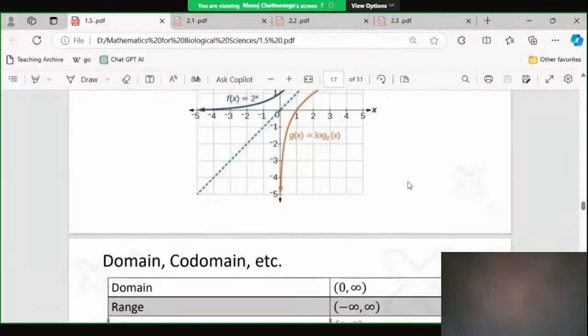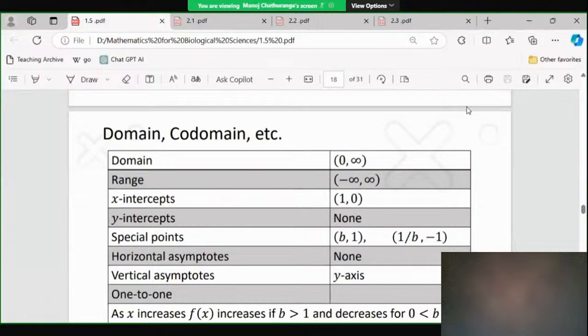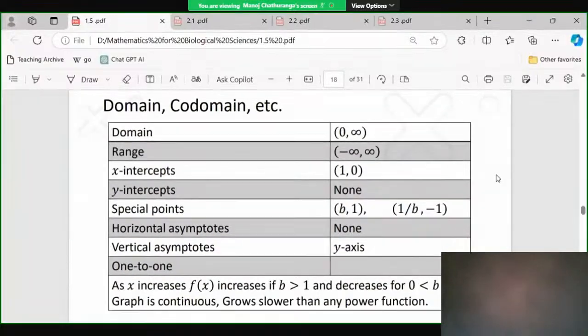All right. Now let's talk about properties of log functions. So, logarithms as functions. We already know the domain and range for exponential functions. For inverse functions, we switch domain and range. So the domain of the log function is the codomain or range of the exponential function.